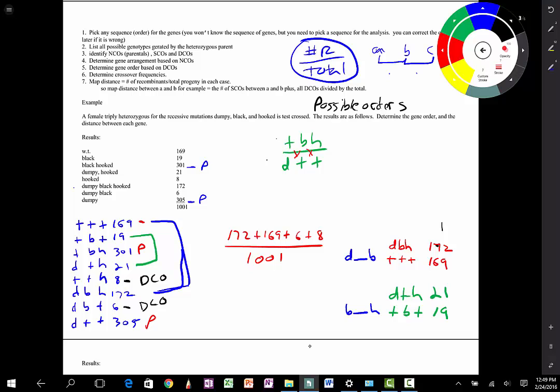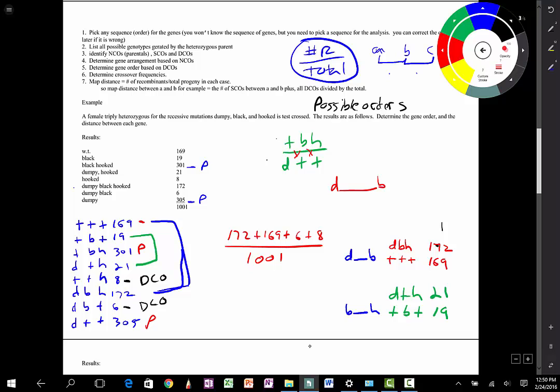So 172 plus 169 plus 14, that's 355, divided by 1001 equals 0.354. And so 0.354, and we know that B is in the middle, so we can say D B is 35.2 map units.